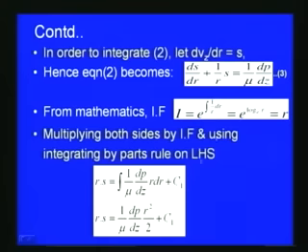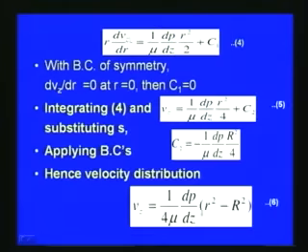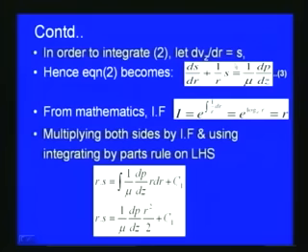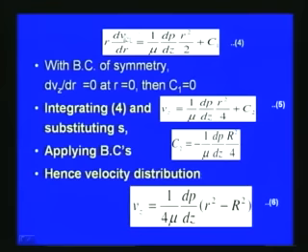So equation number 3 is transformed as this equation here. After substituting for s, we can write r into dvz by dr is equal to 1 by mu dp by dz r square by 2 plus C1, as in equation number 4.